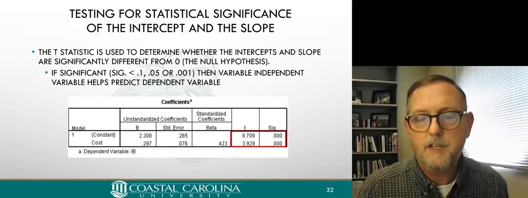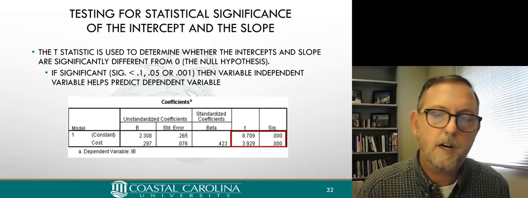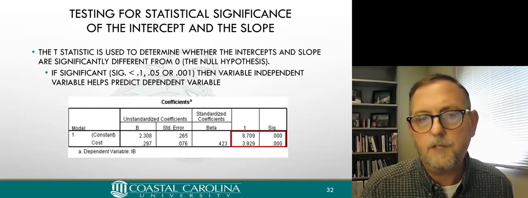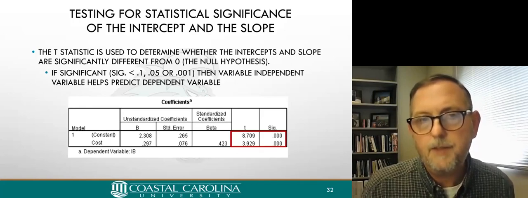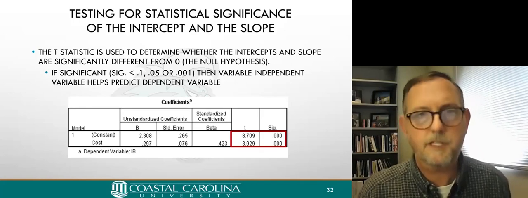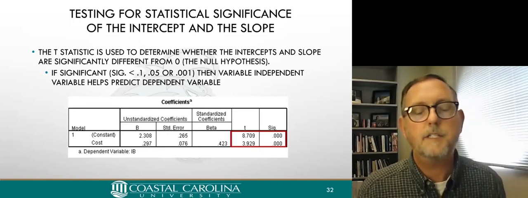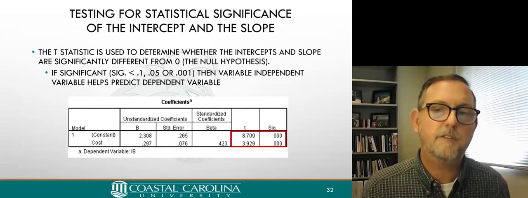The t-value for cost is 3.9. And what that's looking at is whether the 0.297 is significantly different from 0. That's the test.